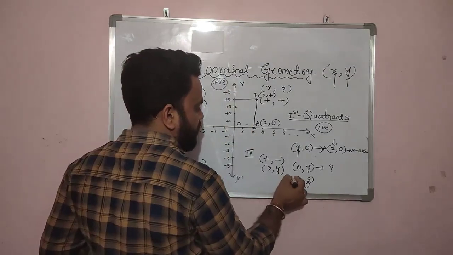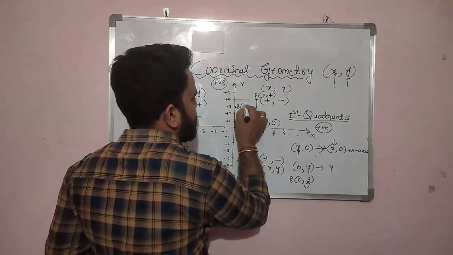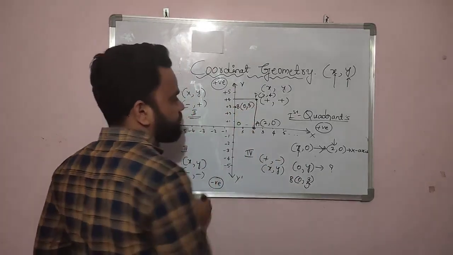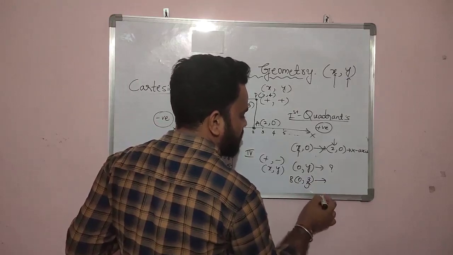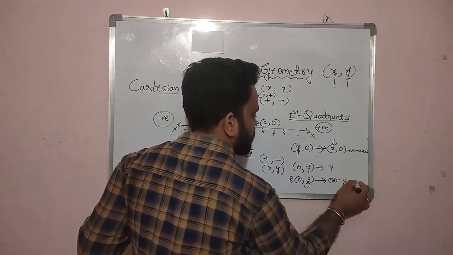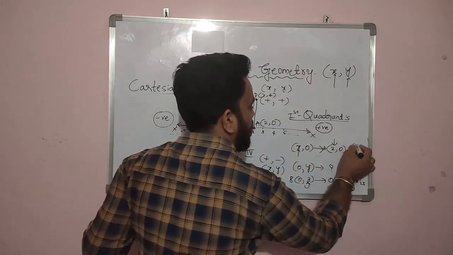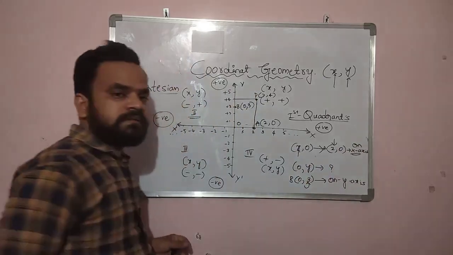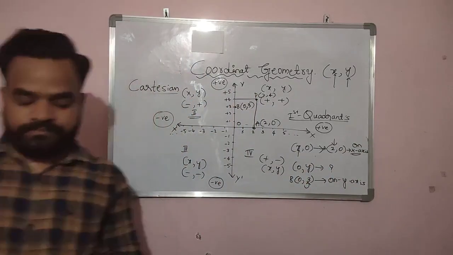If we call it point B, it is 0 comma 3, right? So if the x value is 0, the point lies on the y axis. If the y value is 0, the point lies on the x axis, right? Based on this, we will solve the problems now.